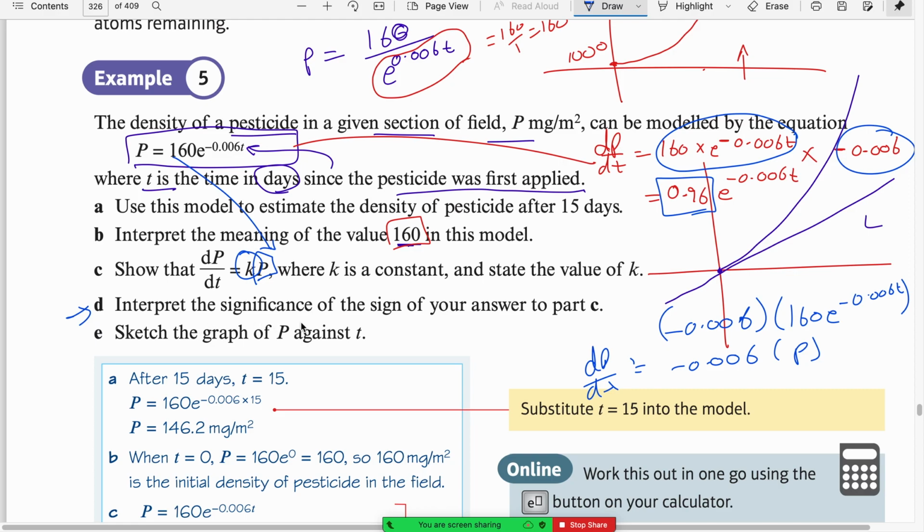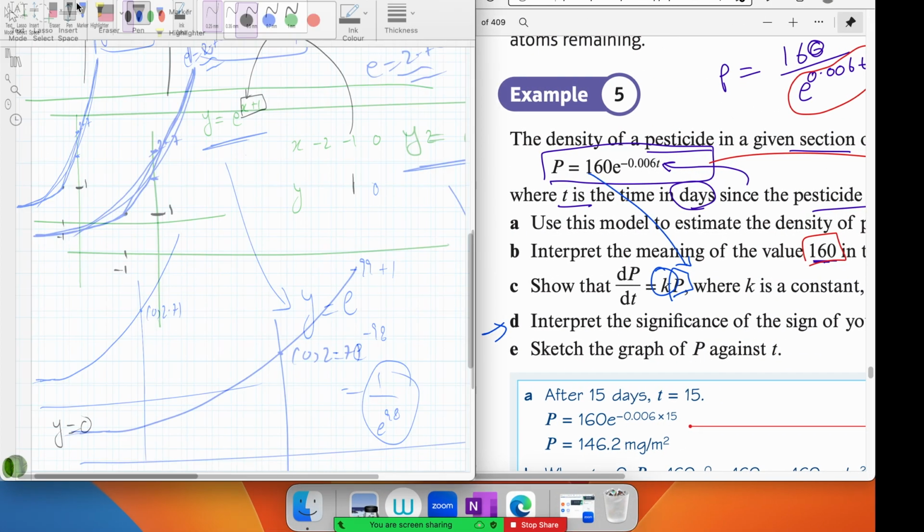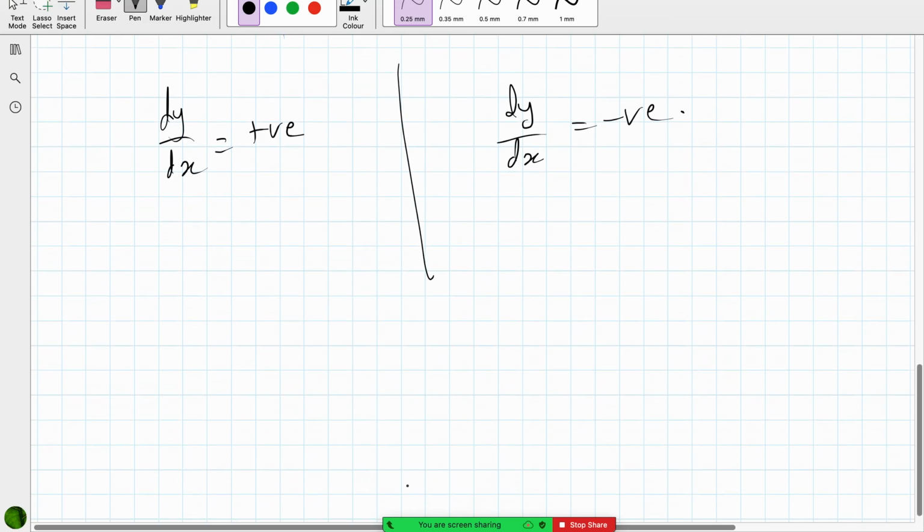D part says interpret the significance of the sign of your answer to part C. So this is negative. Do you remember what this meant in our second last topic? I'm writing these two things. If dy by dx is positive, what does that mean? And dy by dx is negative, what does that mean? Anyone?